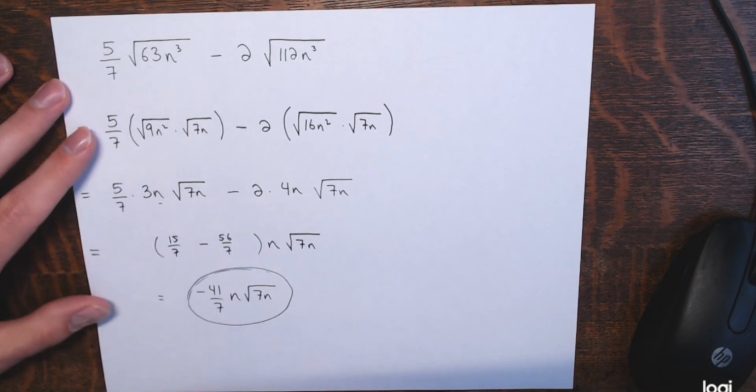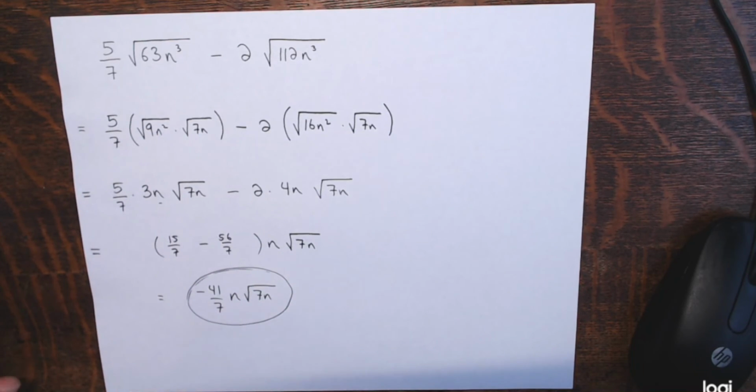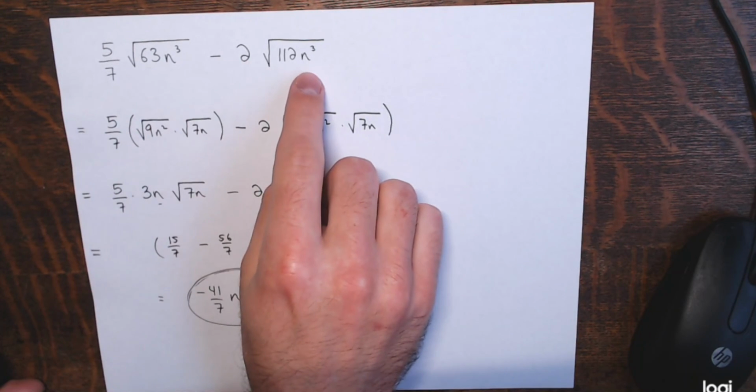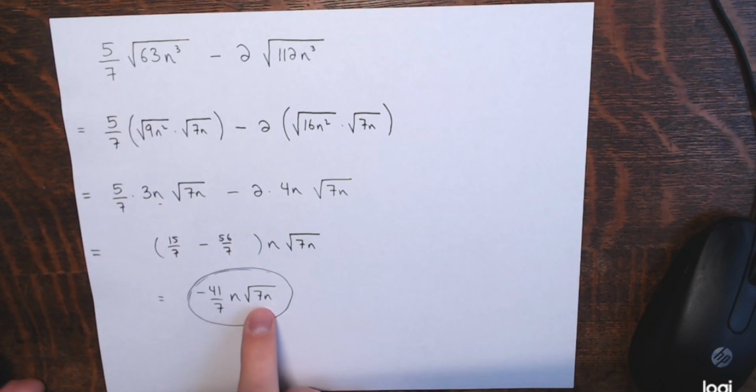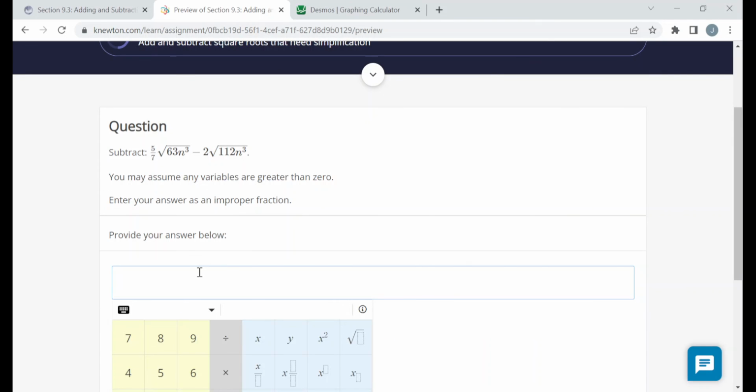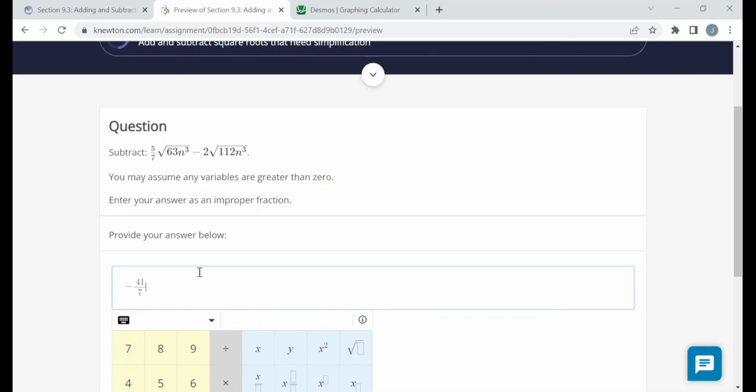And again, if you want to test it out, you could go to a calculator, just replace n with any positive number up here, and replace n with the same positive number down here, and you should get the same value back no matter what you plug in for n, as long as it's a positive number. But I'll leave that to you. So we end up with, after totally simplifying and combining like terms, negative 41/7 times n times the square root of 7n.